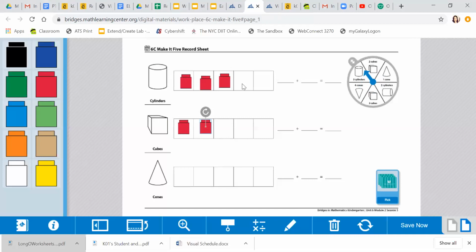But I can't put up 3 up here because I only have 2. So I have to spin again because I can't fill in more than what's here. Oh, 2 cubes. All right. You know what? I don't know if I can do that. I can't because 2 plus 2 doesn't equal 4. That doesn't make sense.